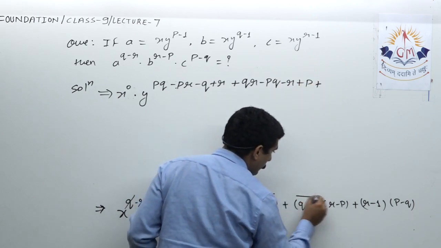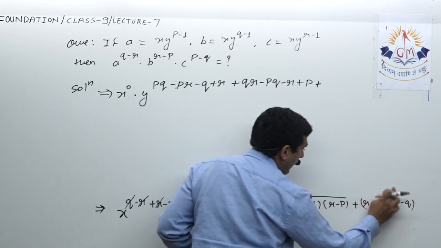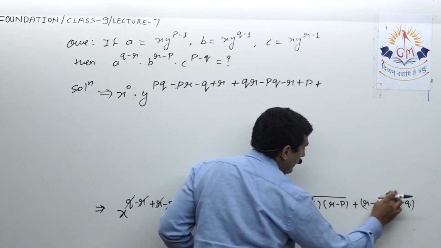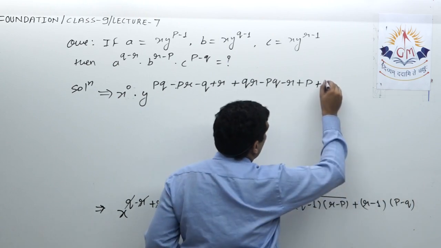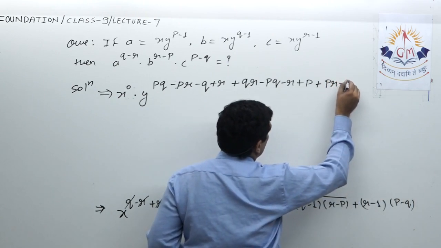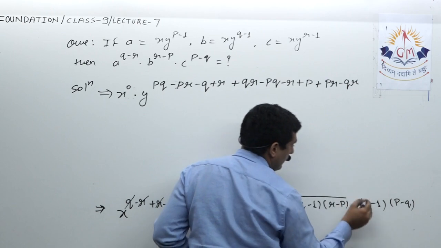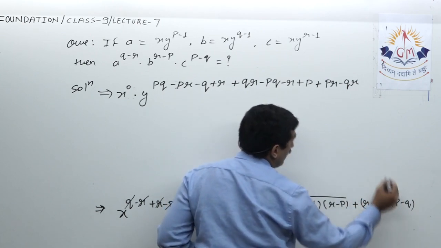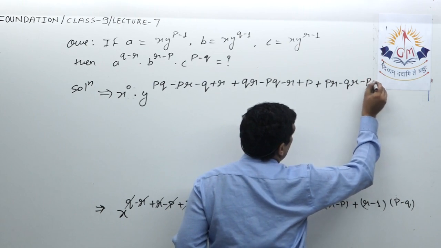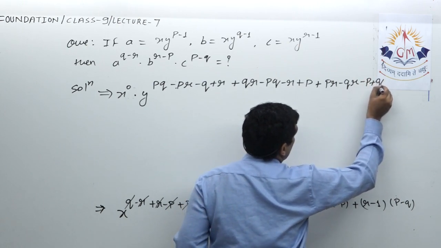Okay, so this is again over. Now this, sorry, pr minus qr, pr minus qr, minus p plus q.